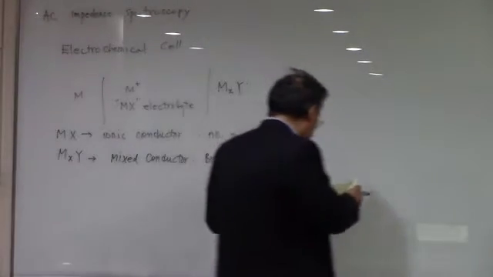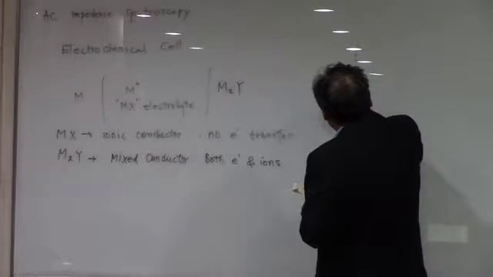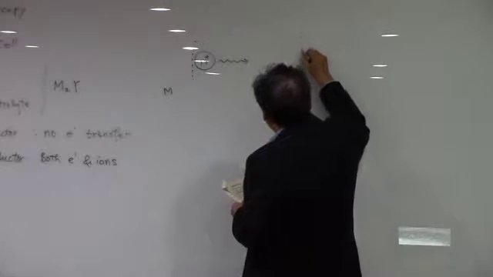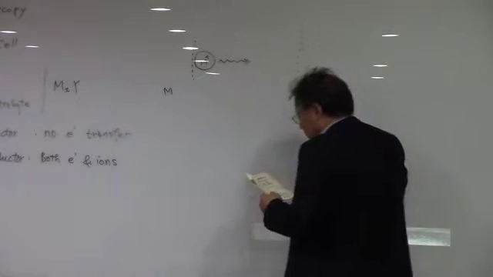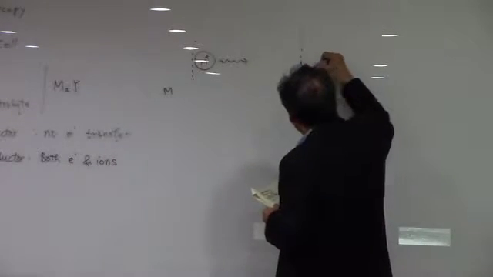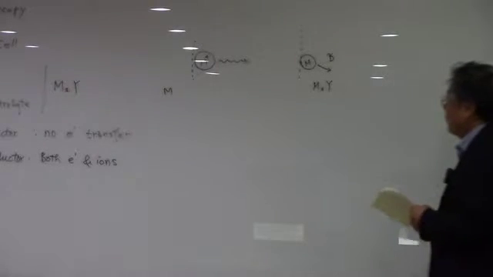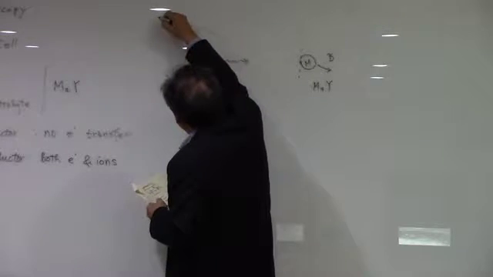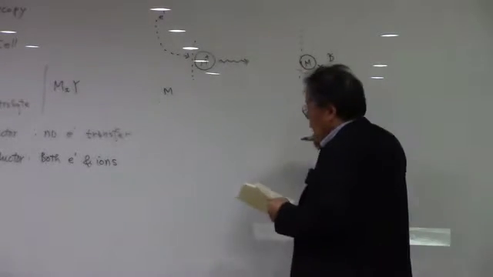Okay, so now at the anode interface, we're going to have M plus ions traveling through the electrolyte, and at the MXY cathode, the M is going to diffuse according to Fick's first law, and then electrons are going to be supplied through the outer circuit.